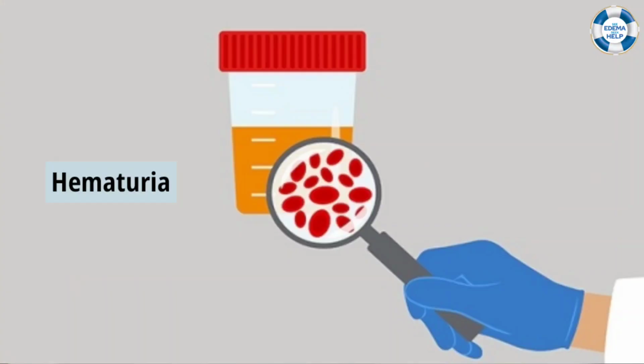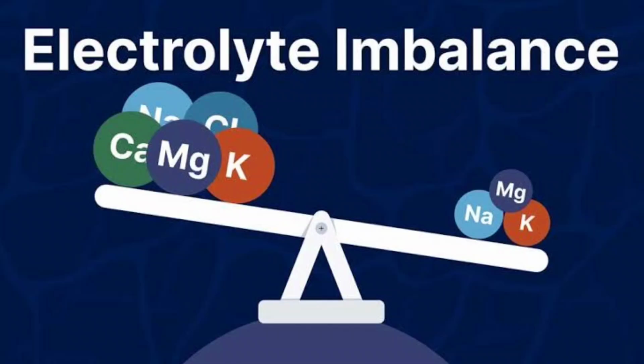According to KDIGO 2024, chronic kidney disease is defined as abnormality in the kidney structure or function with health implications present for at least 3 months. It is identified by markers of kidney damage such as albuminuria, which is protein in the urine, more than 30 milligrams per gram of creatinine, urinary sediment abnormalities, any blood in urine, electrolyte imbalances, or histological or imaging abnormalities.